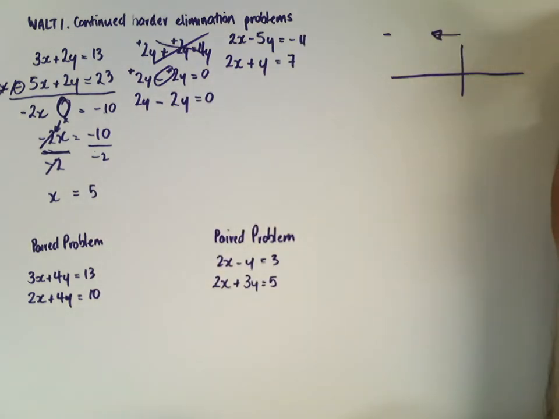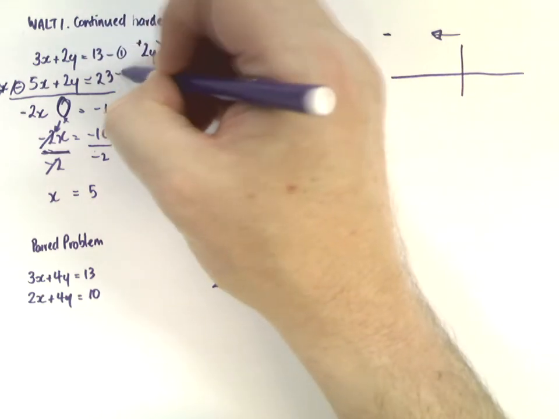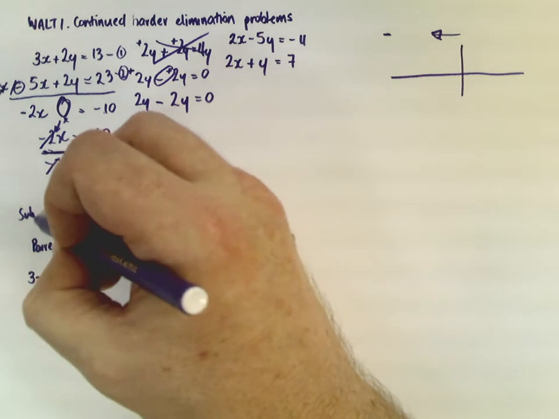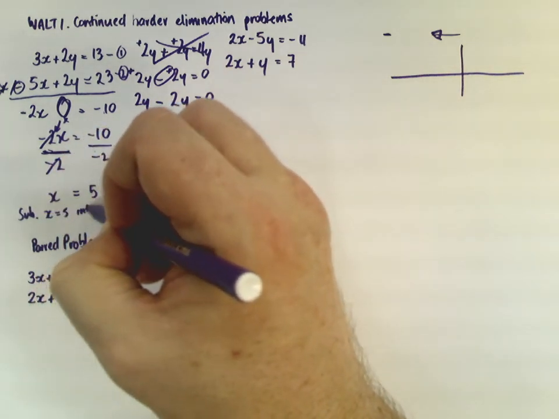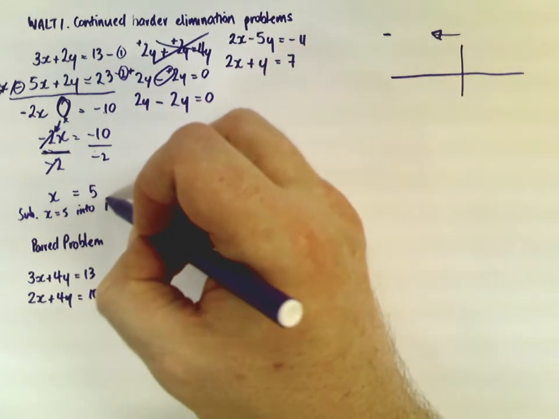And I need to be a little bit careful because I'm not giving myself a lot of room here. So I'm going to call these equation 1 and equation 2. I'm going to substitute my value for x into one of these equations. Now I'm going to pick the top one, not for any particular reason, but just because it's there.